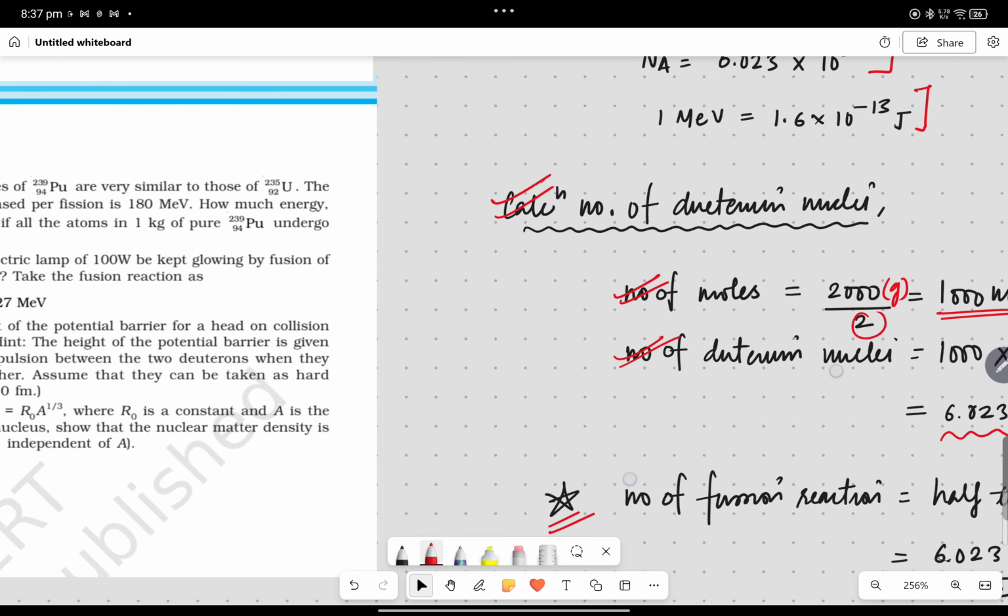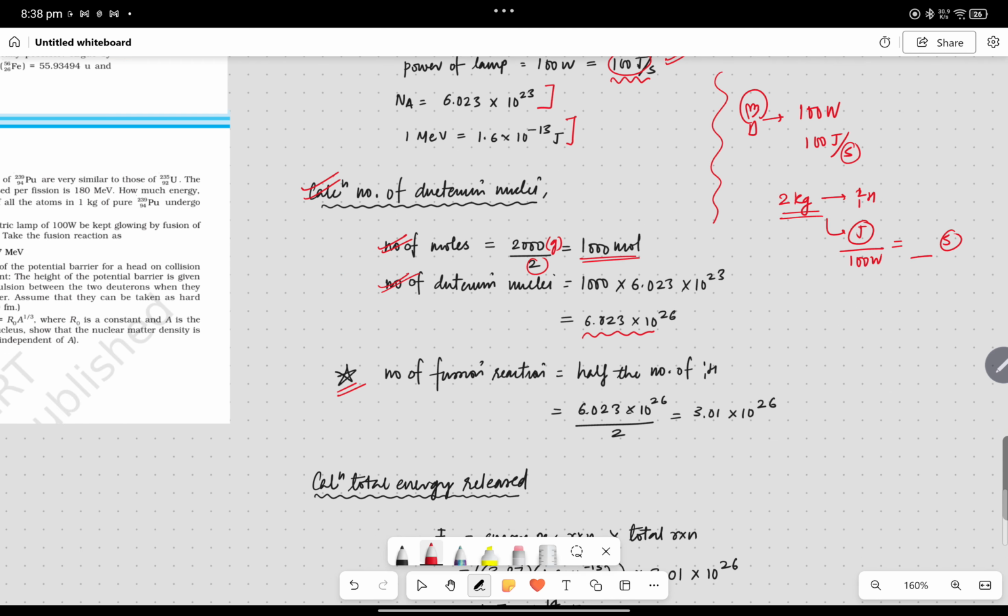So we have to keep in mind how many reactions are happening, multiplied by the energy we are getting from each reaction. So it is needed that we first determine the number of reactions happening, then we can calculate how much total energy is released.